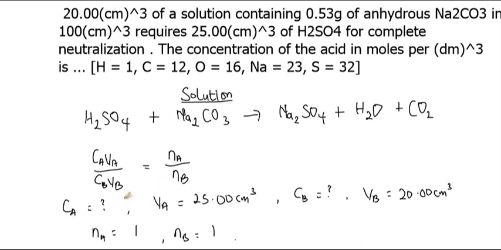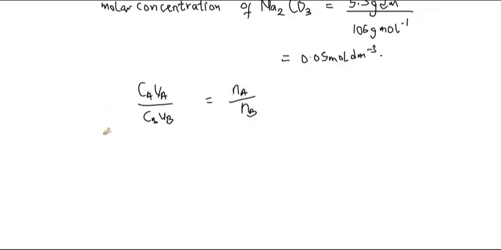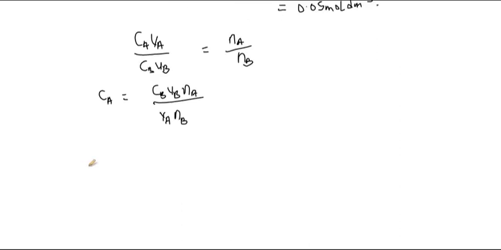To know the concentration of the acid in moles per dm³, we make CA the subject of the formula. So CA equals CBVBNA divided by VANB. Let's substitute the values.